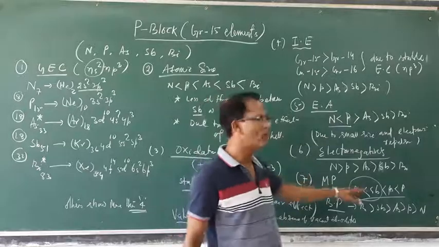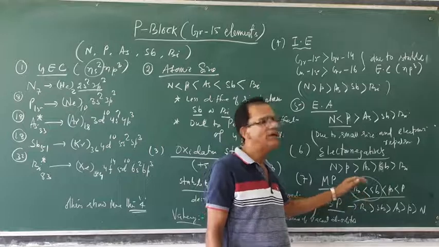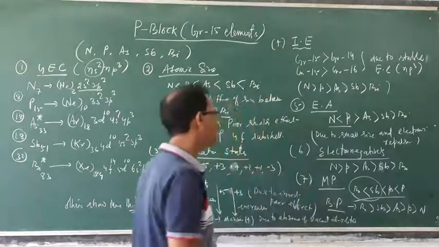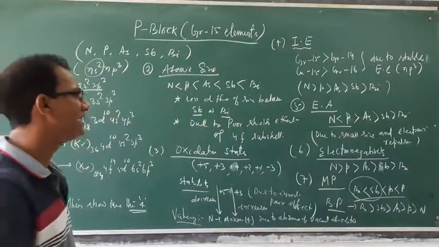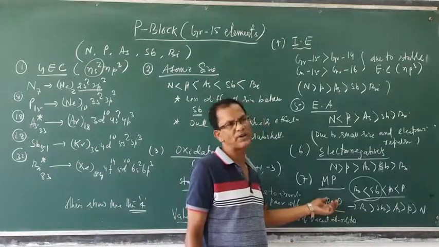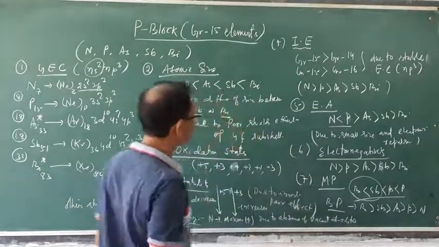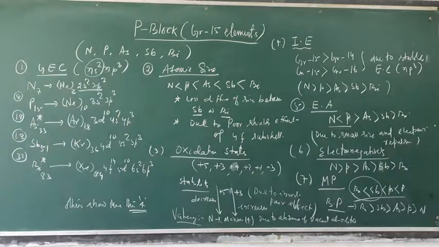Due to less covalency or inert pair effect, the melting point is low compared to others. So this is regarding melting point, and boiling point depends upon size. Large size, greater boiling point. So this is regarding some important physical properties.